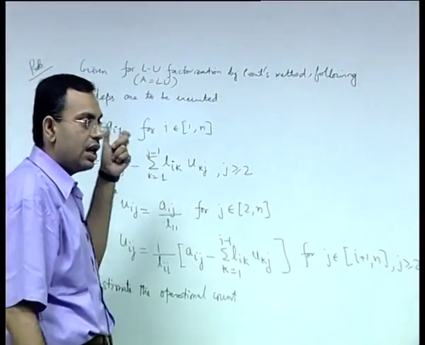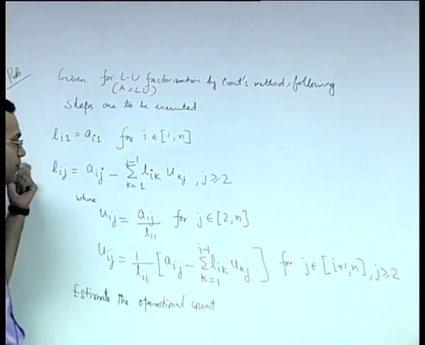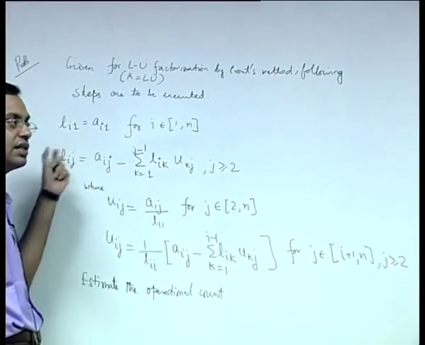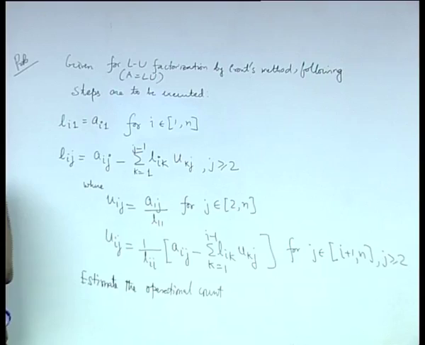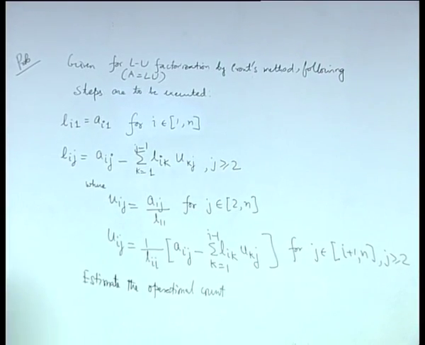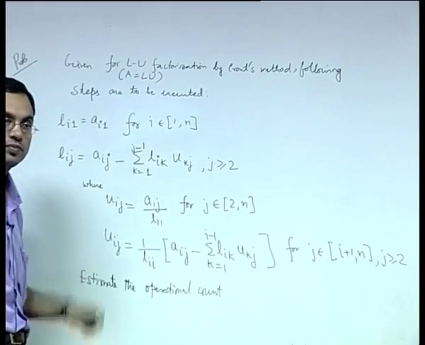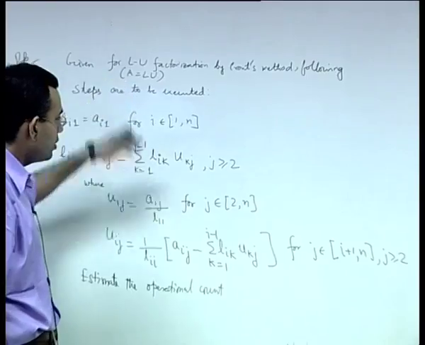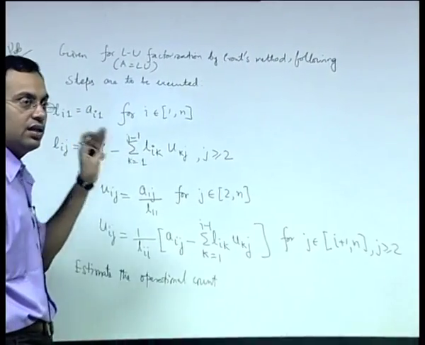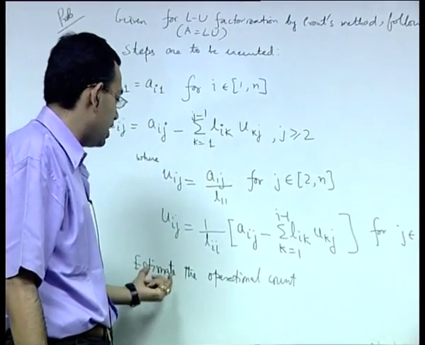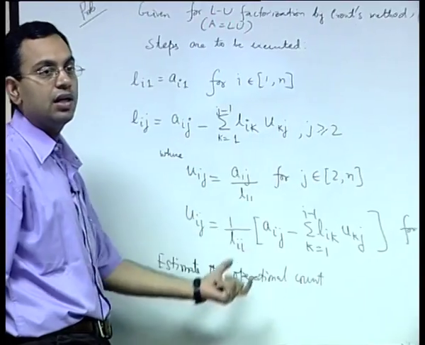For some L_ij's you calculate them earlier, then you calculate some U_ij, then some L_ij, like that. So, some components of L and some components of U you are calculating simultaneously. The order in which you calculate is left to you as an exercise, but what we intend to find out from here is the operational count.